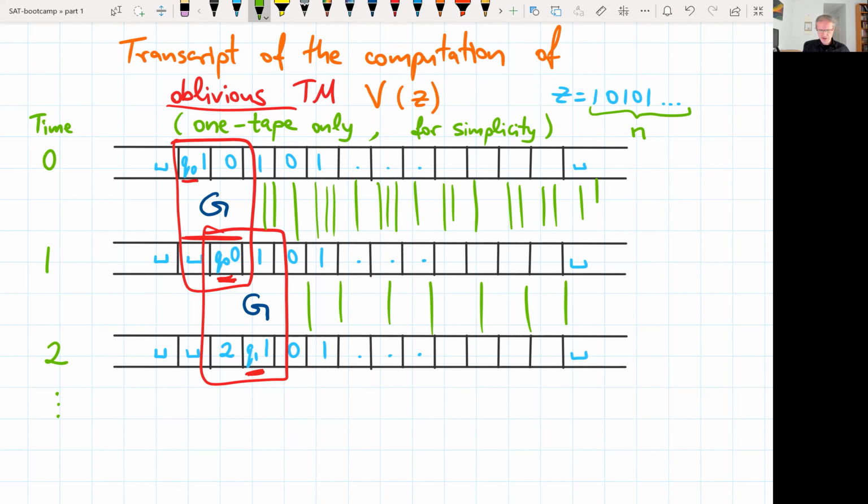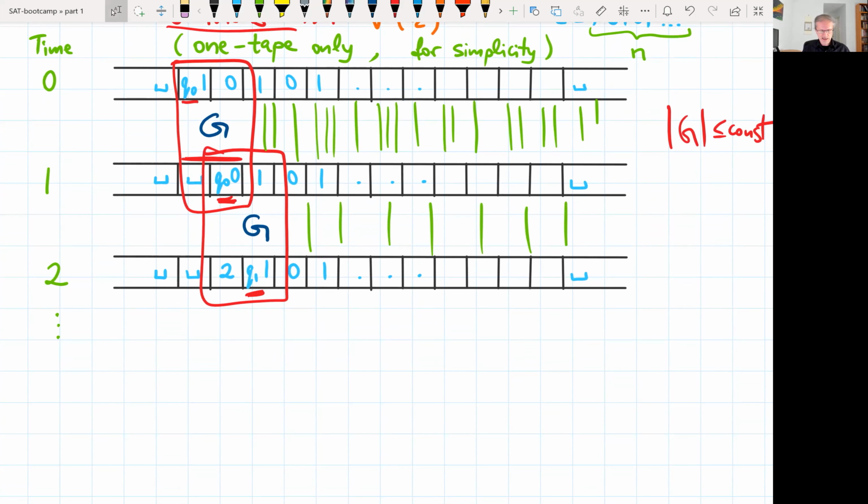Okay, and so this is what's happening. So I have a circuit which is very sparse now. To go from one time step to the next, I need only one copy of G, and this G, as before, because it maps constant number of bits to constant number of bits, can be implemented in constant size. The size of the circuit for G is a constant. And how many such copies of G do I need?